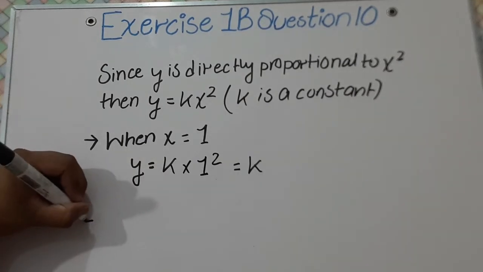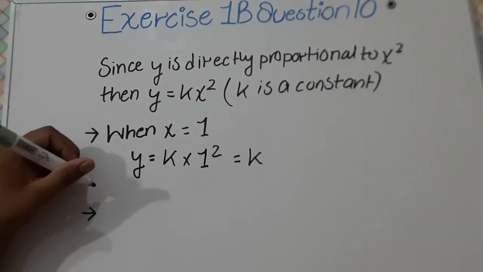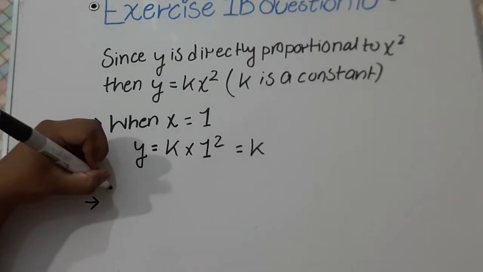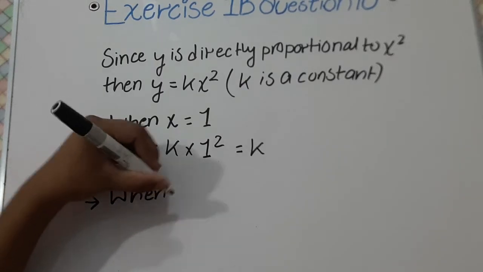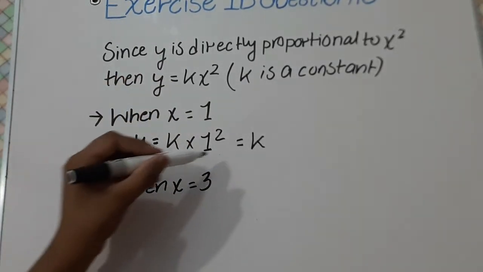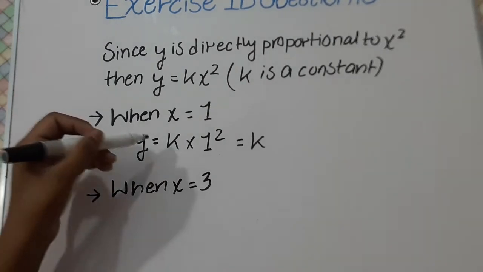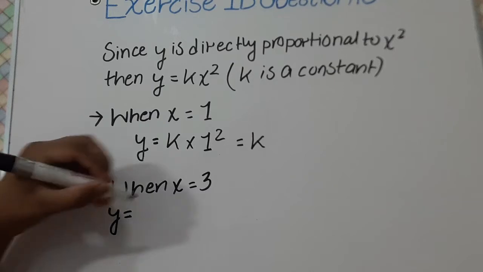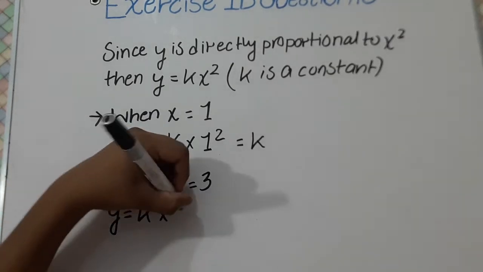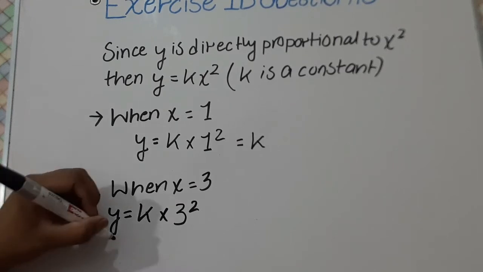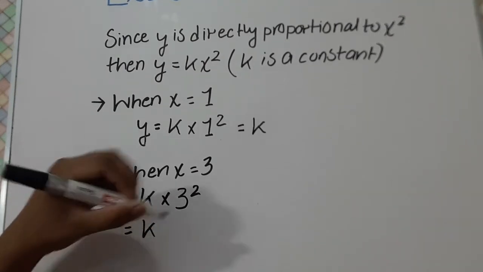Now the second thing that they ask, that when x is 3. When x equals 3, we are going to use the same formula because we have not landed on a particular value. So y equals k multiplied by 3 square. 3 square would be 9, means k multiplied by 9.